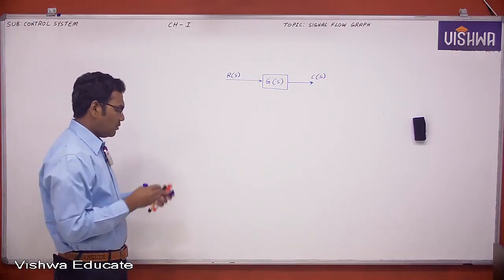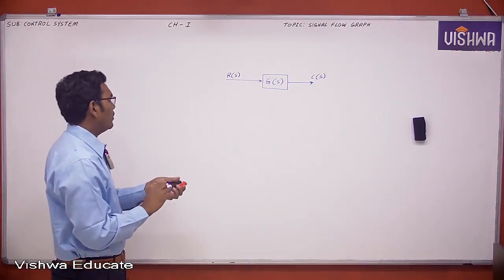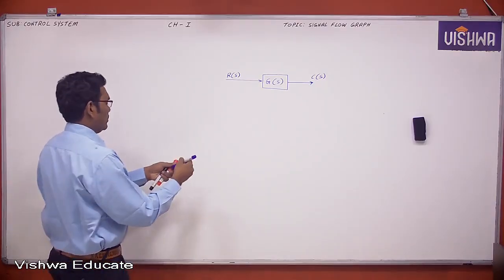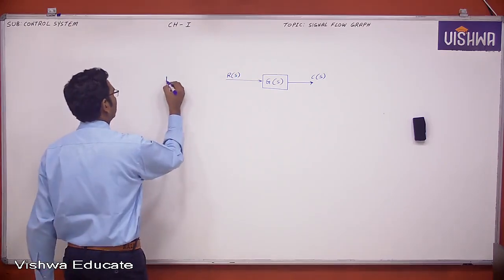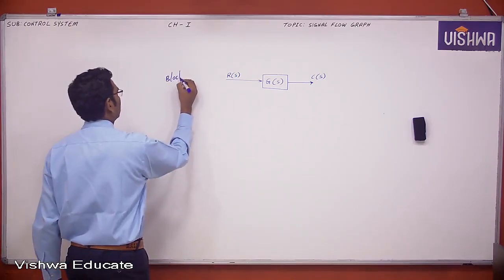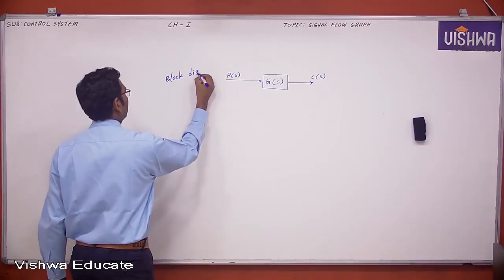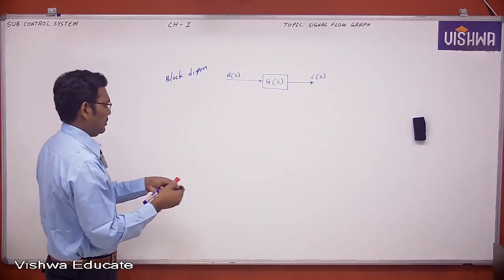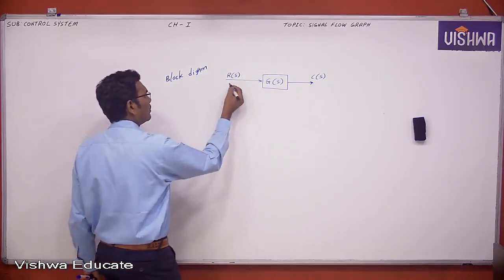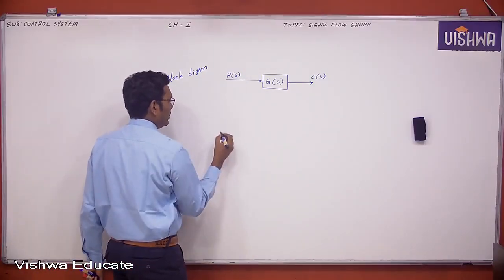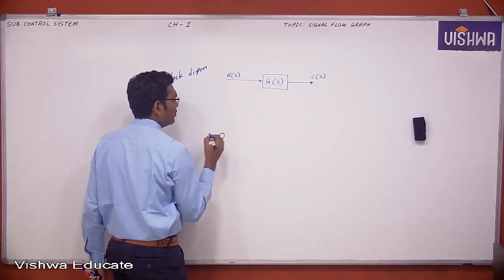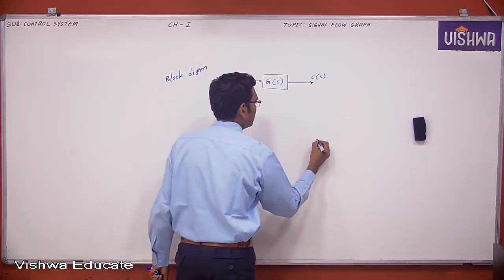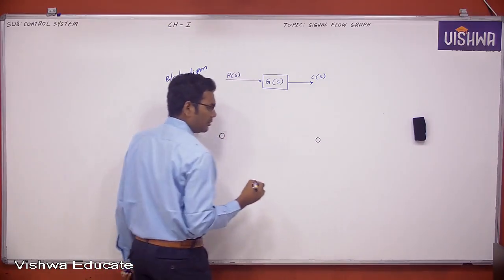Okay, now see here. This is a simple block diagram. This input variable is treated as one node and this output is treated as another node.